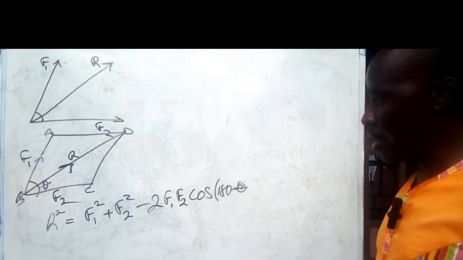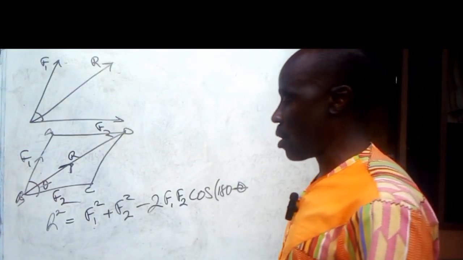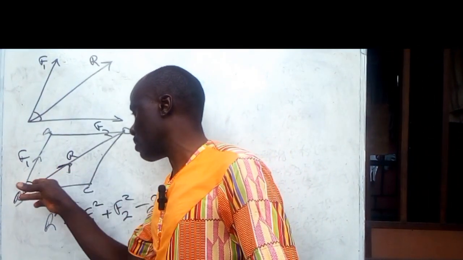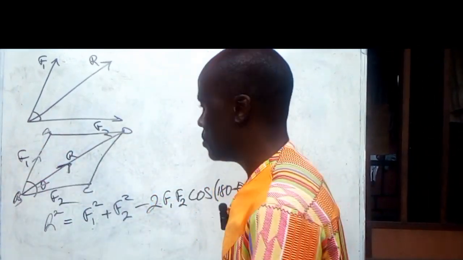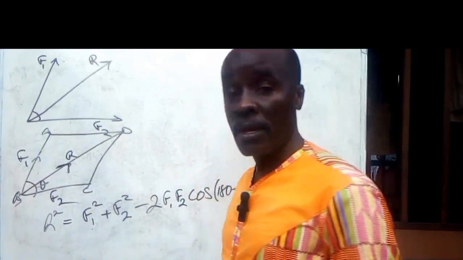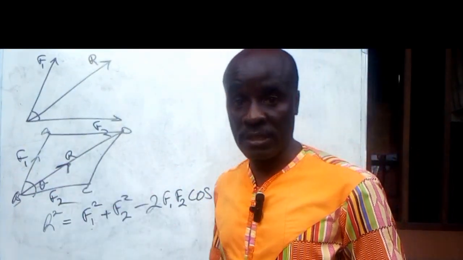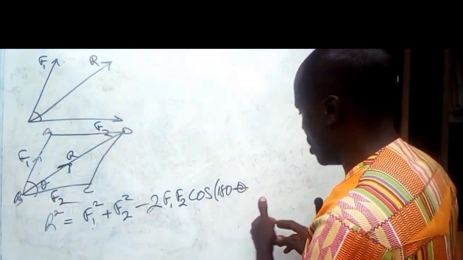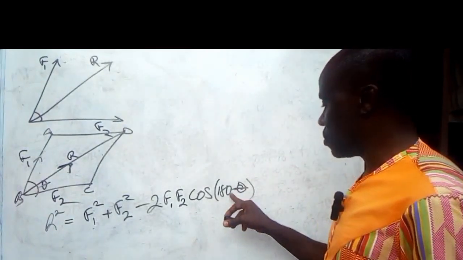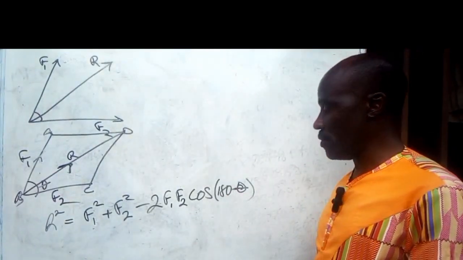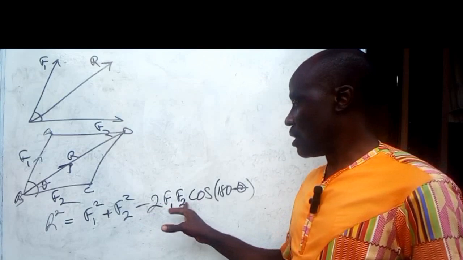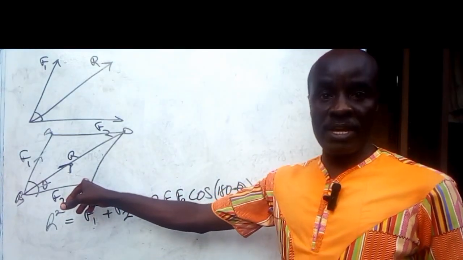But whenever we are working on this, we normally use this angle here because of the position of this resultant. So that is 180 minus what? 180 minus theta will give us the angle that we have here.